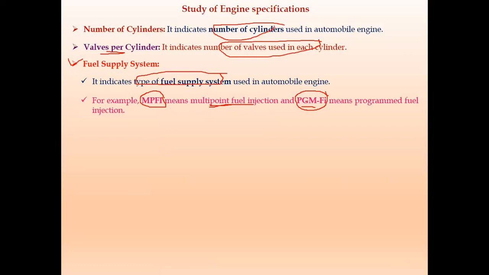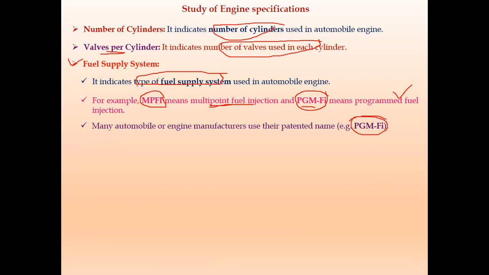PGM is nothing but program, FI is nothing but fuel injection. So we have either the MPFI system or the PGM-FI system. This system is used in the SI engine; in the CI engine, and in the SI engine we also have a carburetor. Many automobile or engine manufacturers use their patented name, called PGM-FI, that is nothing but the programmed fuel injection system.